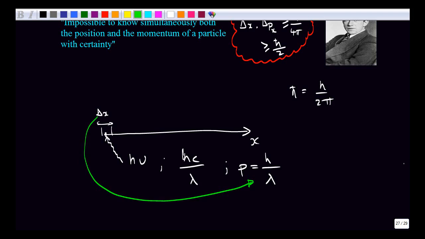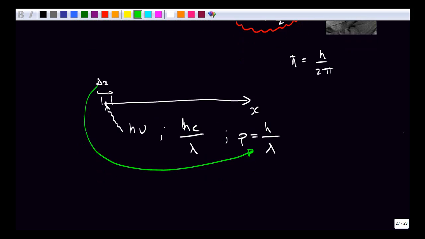So as we try to reduce delta x, or increase the precision in which we measure the position of the particle as much as possible, we have to decrease lambda.